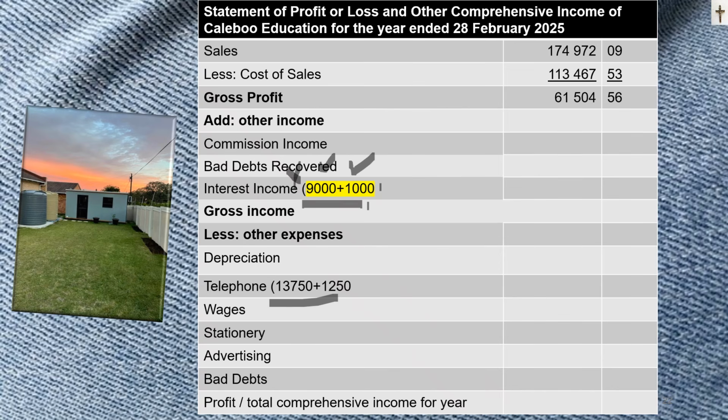So there's the interest income, and note I put it under other income, which is not exactly correct, because normally interest income is going to be in its own section. Interest is always shown separately, but for this examination, the interest income you can put under other income.